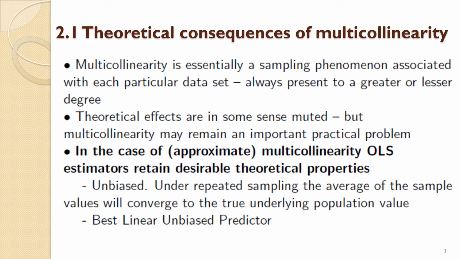So in the case of approximate multicollinearity, the usual regression estimators that are used in the computer software retain desirable theoretical properties. Things like they remain unbiased, so they will eventually get to the right underlying value as the sample size increases, and they might have properties like the best linear unbiased predictor.